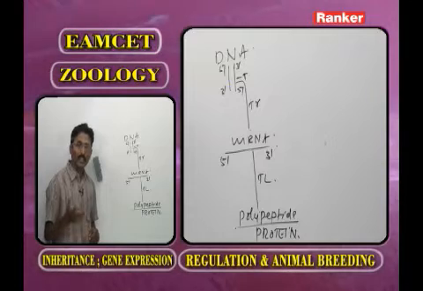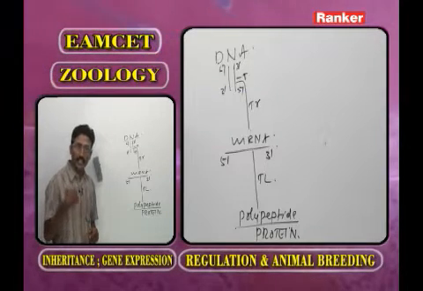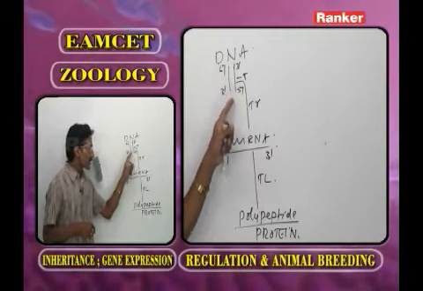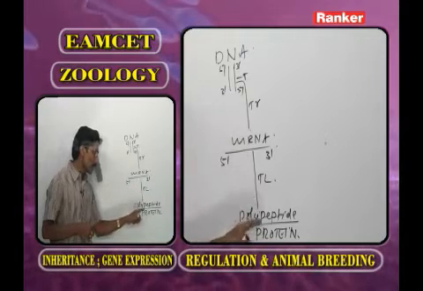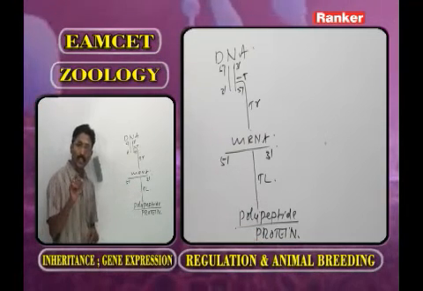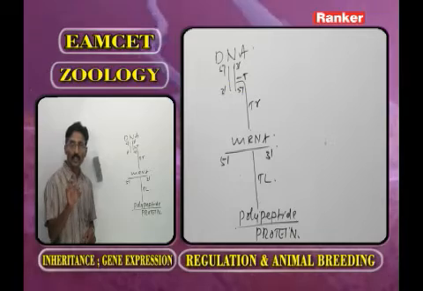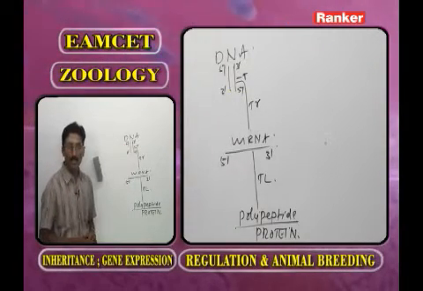It means in the body of living organisms, in each cell, the DNA transfers its biological information through mRNA to the protein. With the help of that protein, every cell in our body performs its activity. That is called the central dogma of molecular biology.